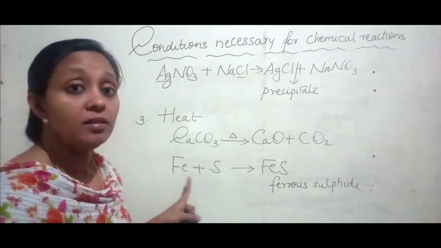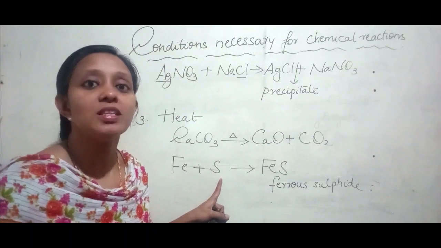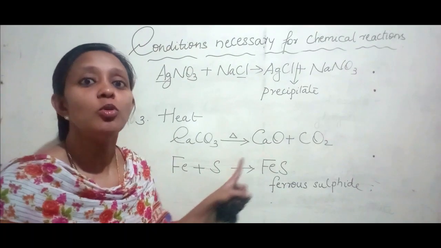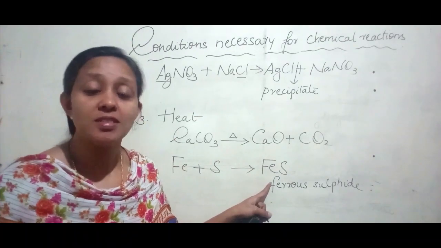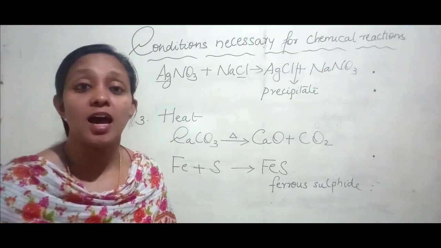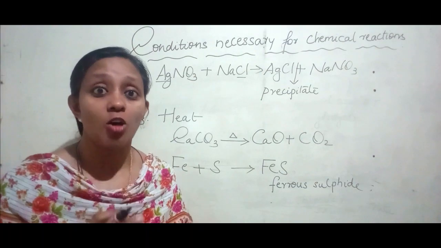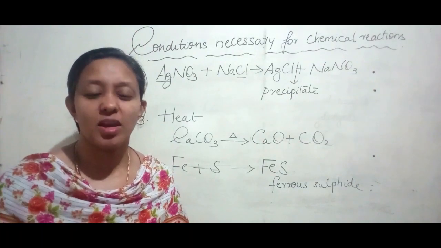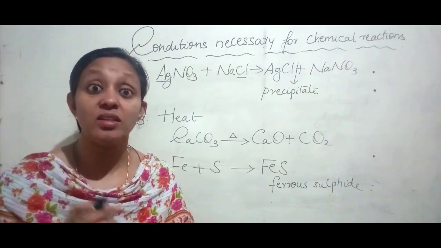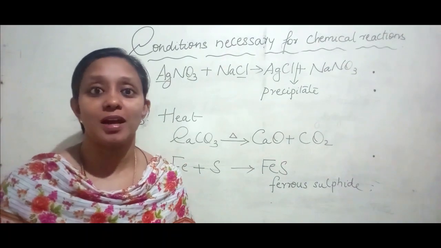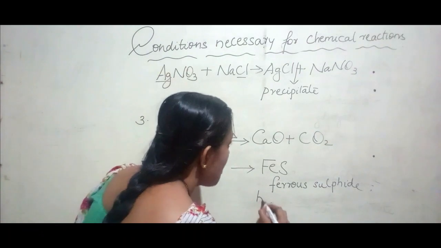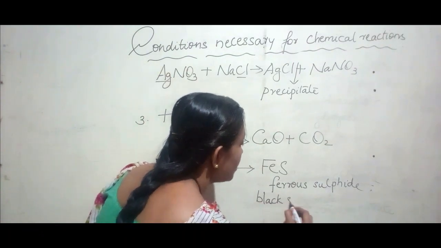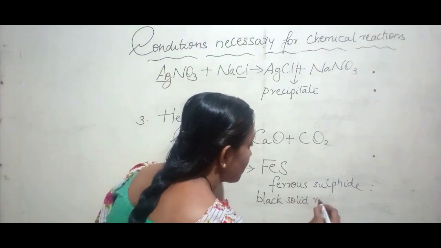Here, iron, when heated with sulfur, forms a new compound, ferrous sulfide, which is seen as a black solid mass, a black colored solid residue that is left behind inside the dish.